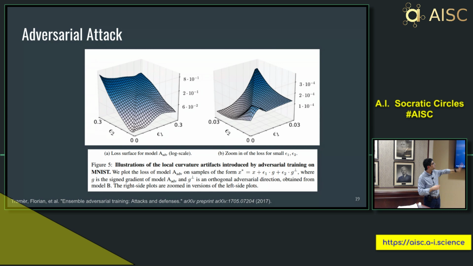So the vertical axis is the loss, so the higher the value, the higher the loss. There is both the mesh and the color coding, and the color indicates the value. I see.